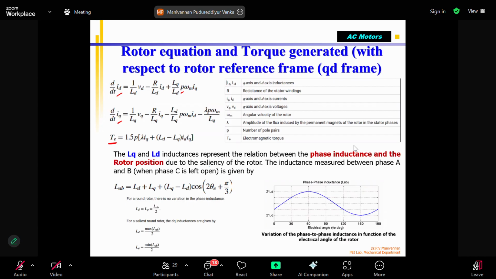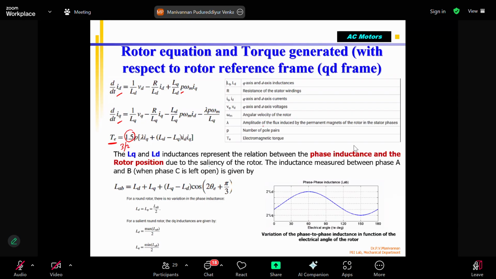The motor torque generated Te equals 3 by 2, as many books represent this term, into P into bracket lambda multiplied by iq plus (Ld minus Lq) into id into iq, where id and iq are the current in the direct axis and the current in the quadrature axis.